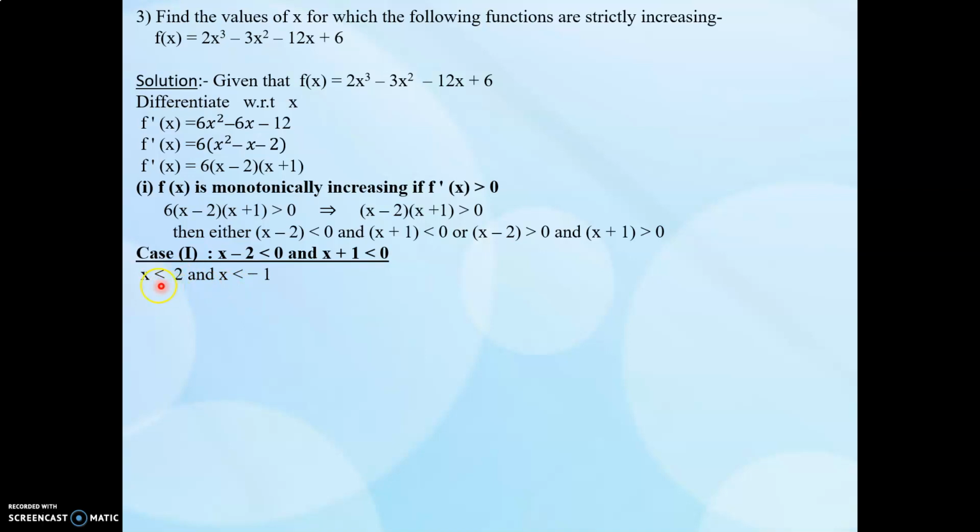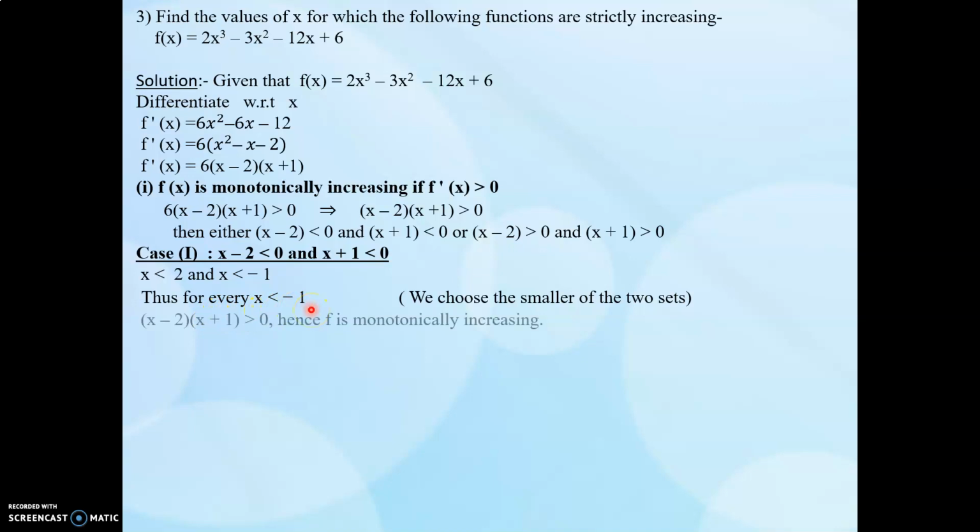This means x belongs to the open interval (-∞, 2), and this means x belongs to (-∞, -1). Among these two, we choose the smaller set. So thus for every x less than -1, (x - 2)(x + 1) is greater than 0. Hence f is monotonically increasing.